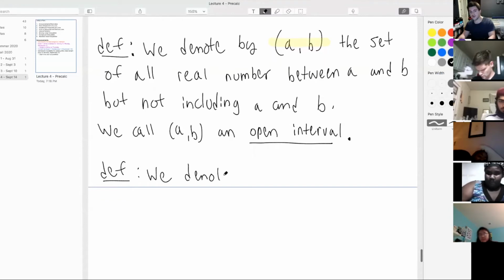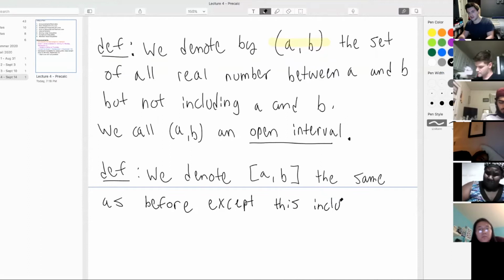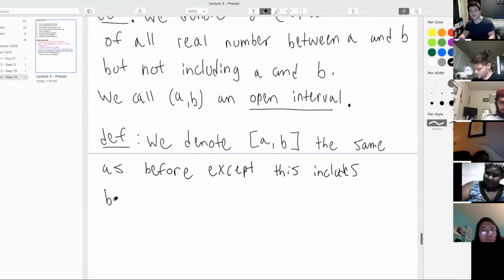Another definition: we denote by bracket A comma B bracket the same as before, but with a key difference. This set includes both A and B. So we're including the endpoints now.